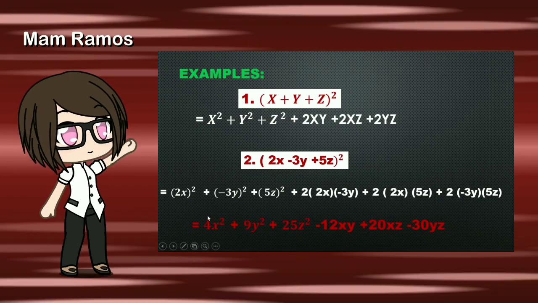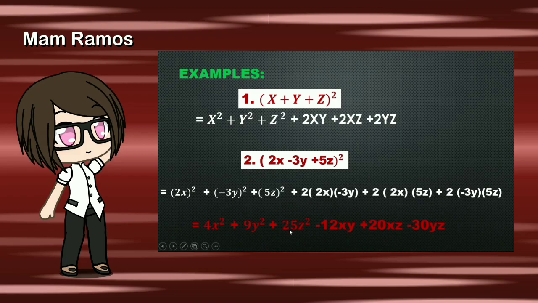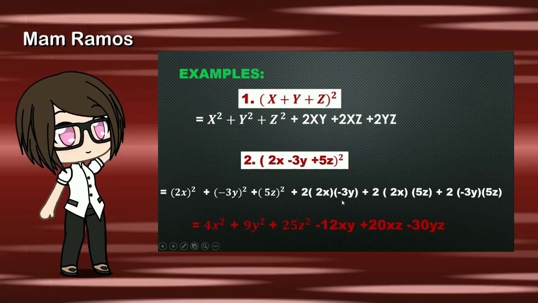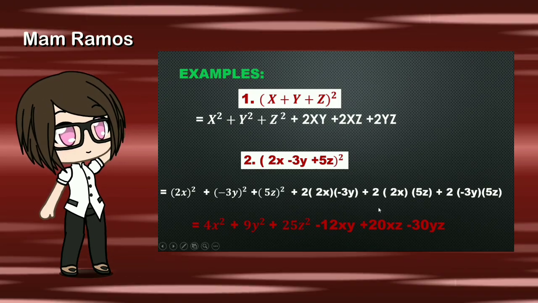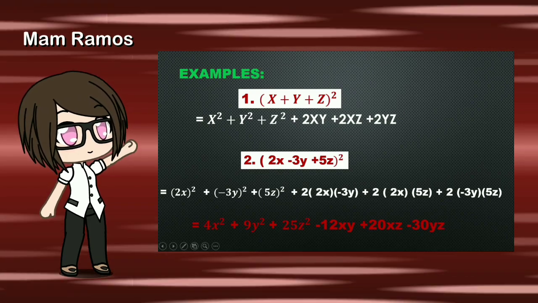The answer is 4x squared plus 9y squared plus 25z squared minus 12xy plus 20xz minus 30yz.